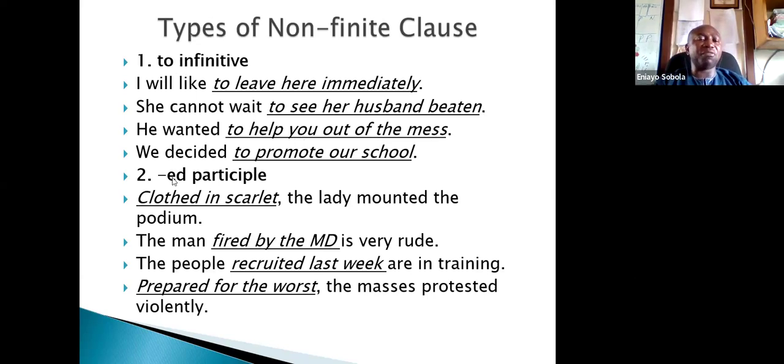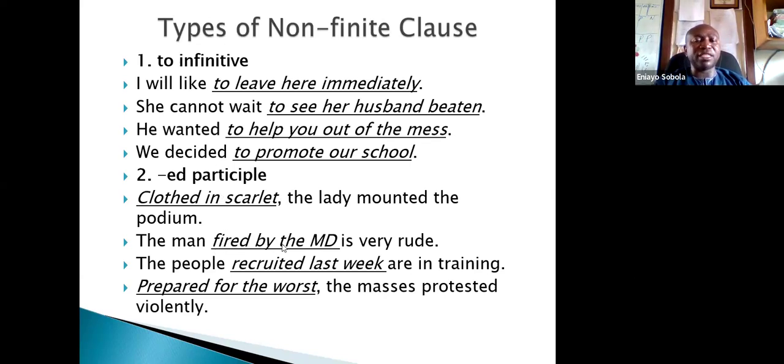Apart from to-infinitive, we have ed participle. Example: Clothed in scarlet, the lady mounted the podium. Clothed in scarlet is an ed participle non-finite clause.